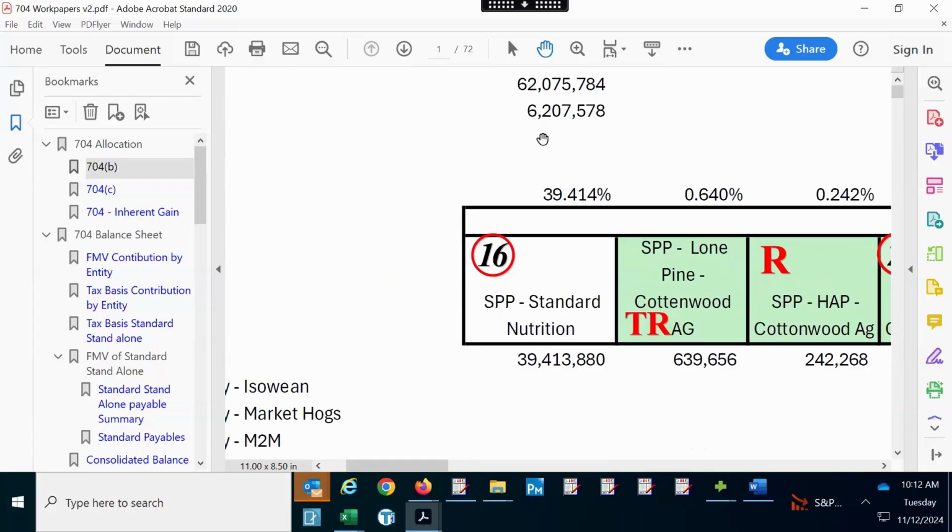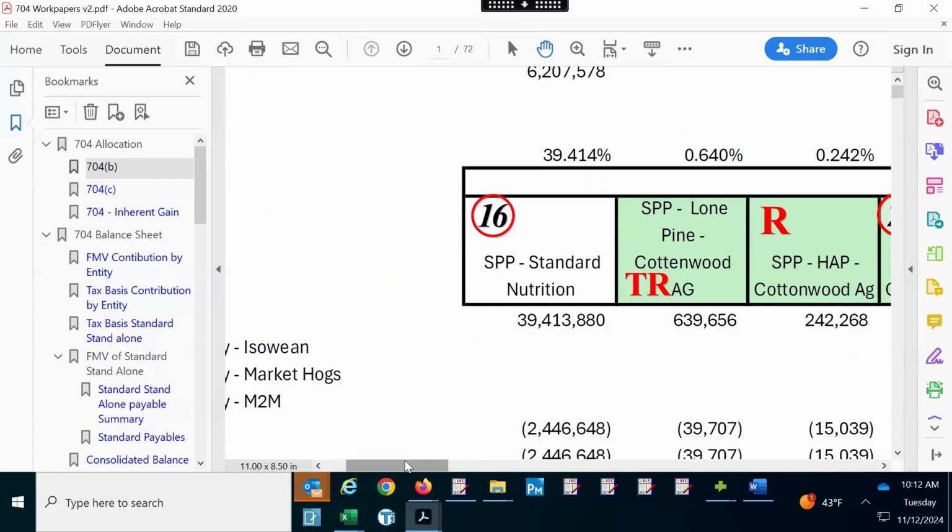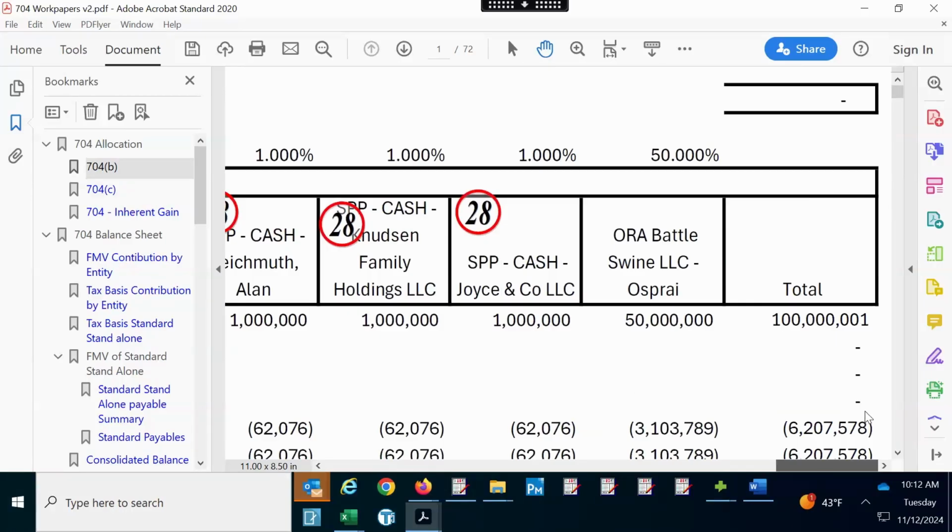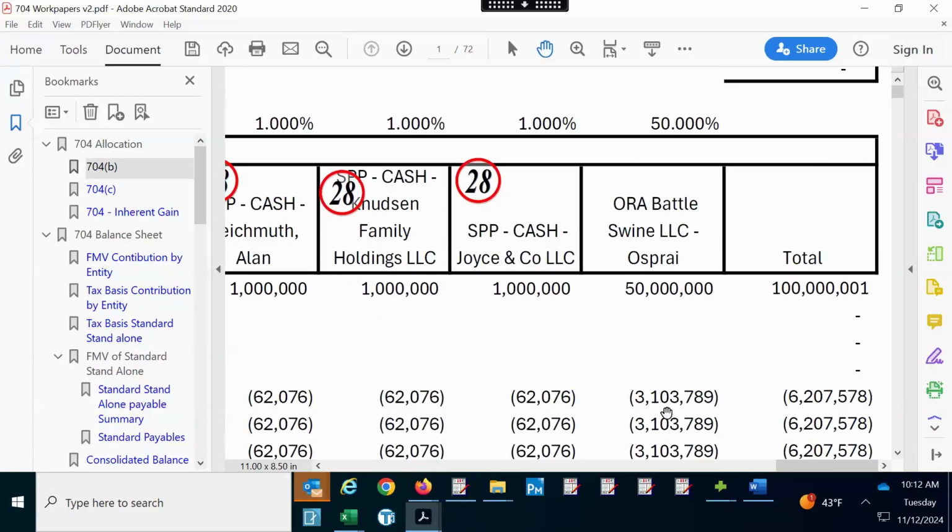Those assets were being depreciated over 10 years because this is specialty farm equipment. Since the majority of the assets were specialty farm, I took the amount over 10 years, which said that the non-inherent gain partner that contributed 15 million is owed 3 million. Joyce, who also contributed $1 million, gets their 62,000.